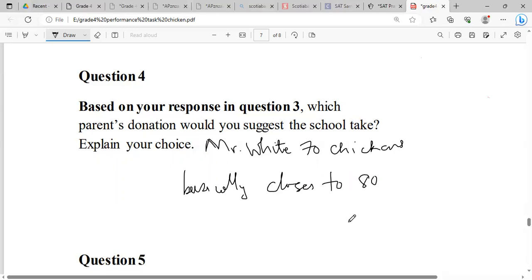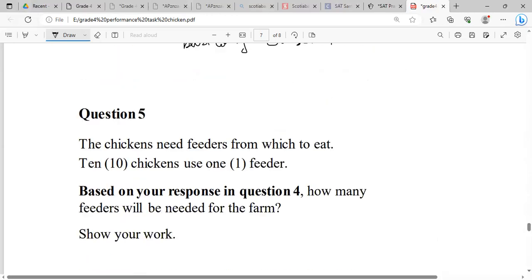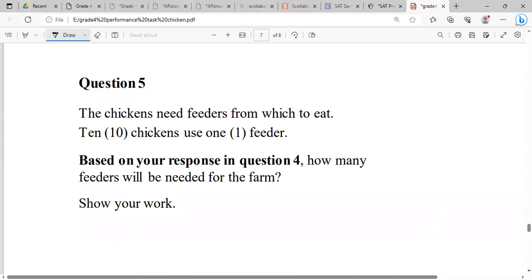All right, so let's look at question 5 now. It says the chicken feeders, from which to eat. The chickens need feeders from which to eat. Okay. 10 chickens use one feeder. I don't know why they didn't have the word bag, but 10 chickens equal one feeder.